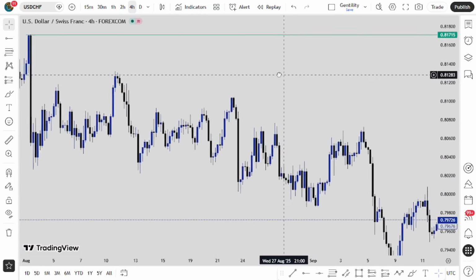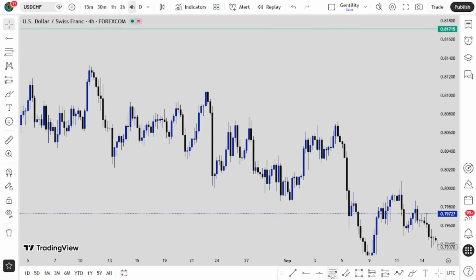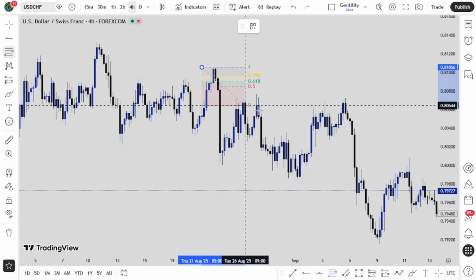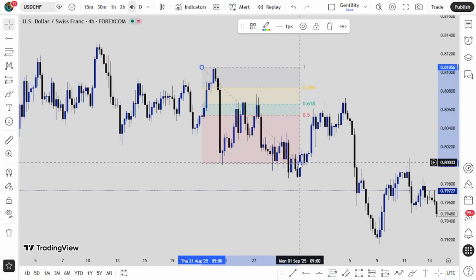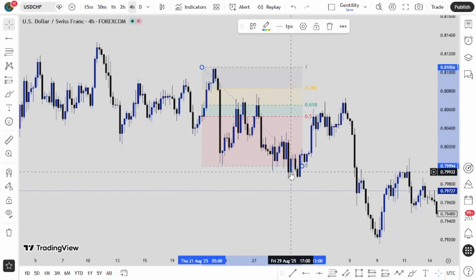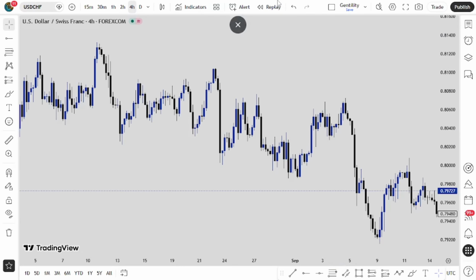Okay, if I'm to look for another entry, I will take it from the recent high to the recent low and drag it all the way down. And as you can see, price came into this particular zone, then it dished out this nice selling momentum. So this is how it works on a bearish market.